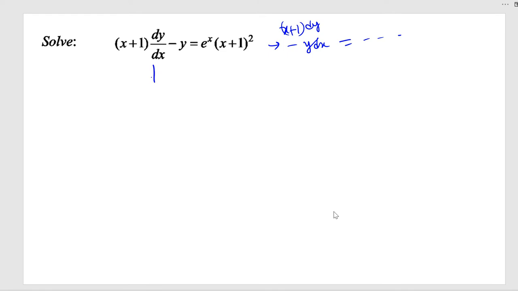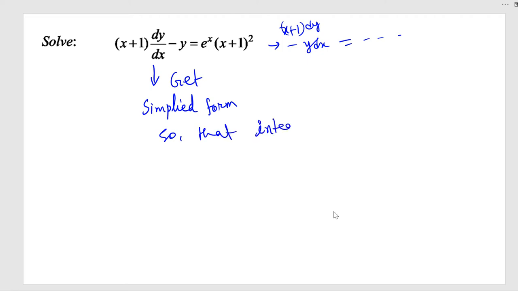To simplify, our aim is to get the simplified form so that integration becomes easier.